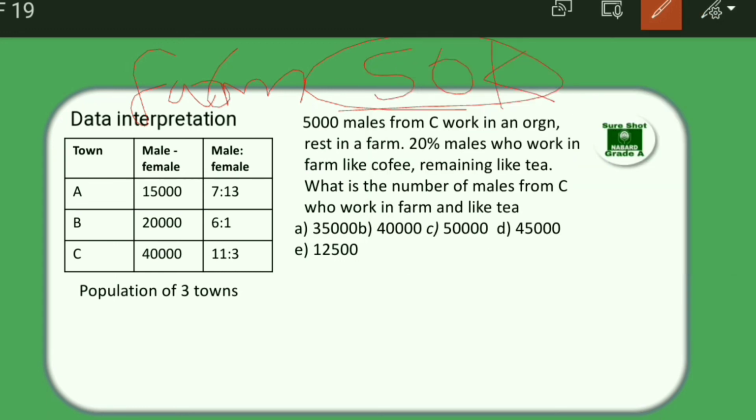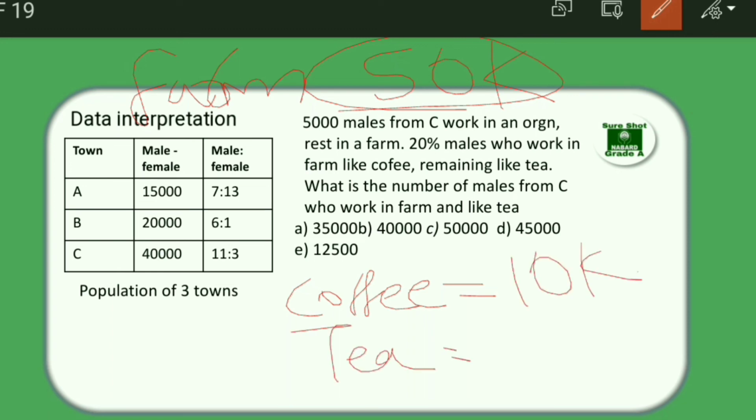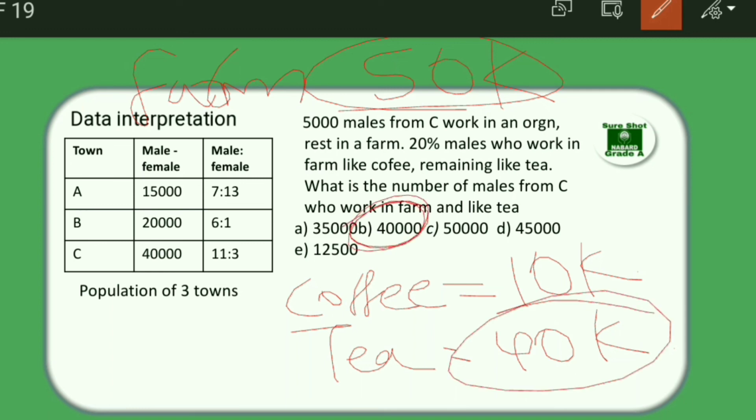What's the 20% of 50,000? 10% is 5,000, 20% is 10,000, who like coffee. What's the remaining? 50,000 minus 10,000, which is 40,000. This is the right answer, 40,000.